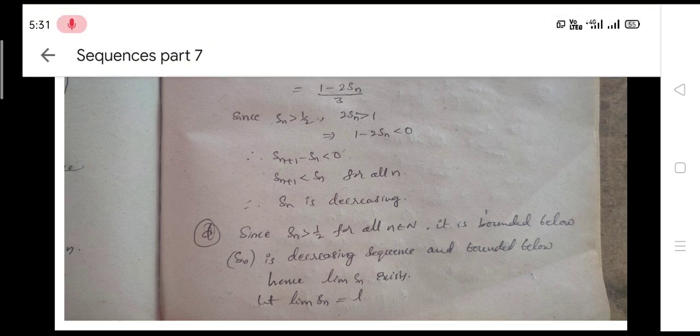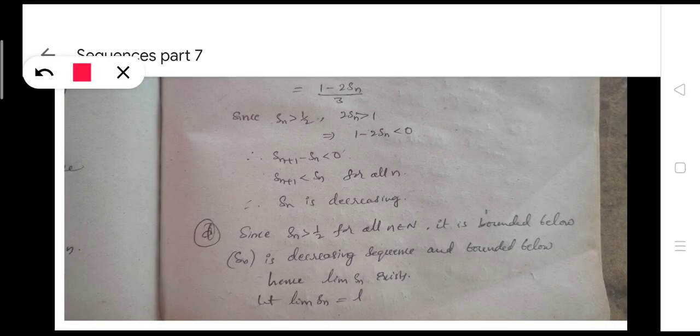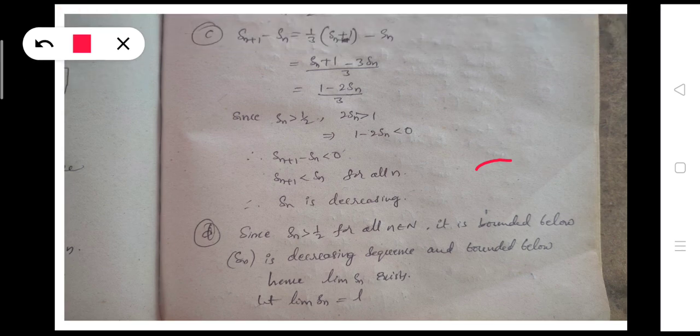That is the continuation of the solution C problem. Here S(n+1) minus Sn is equal to 1/3 times (Sn plus 1) minus Sn. Now take the LCM. Here 3 is the LCM. (Sn plus 1 minus 3 times Sn) by 3. Simplifying, we get (1 minus 2Sn) by 3.